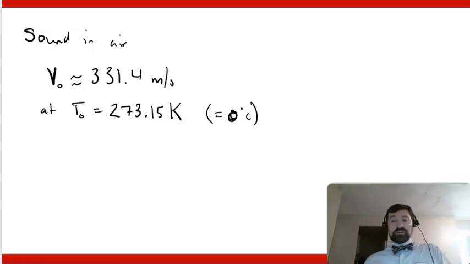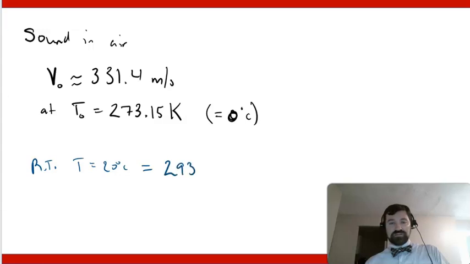Okay? Quick example, and this is a good one. What's the speed of sound in air at room temperature? So, room temperature, T equals 20 degrees C, is 293.15 Kelvin.